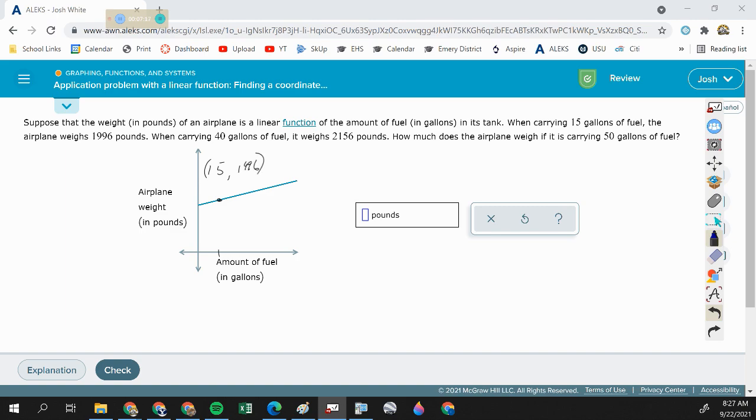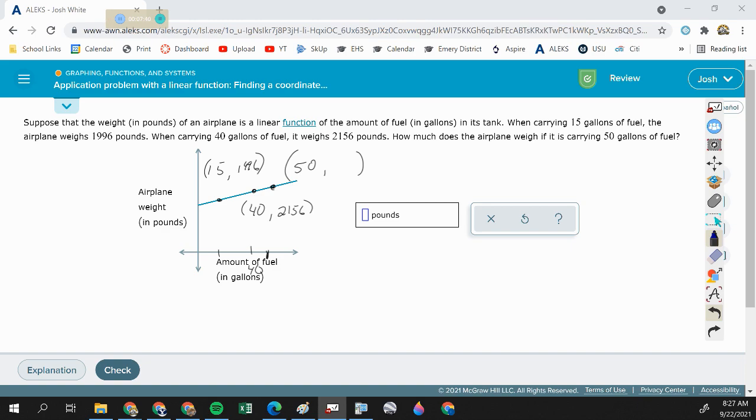And then we know at 40, it weighs 2156. How much does the airplane weigh when it's carrying 50 gallons of fuel?